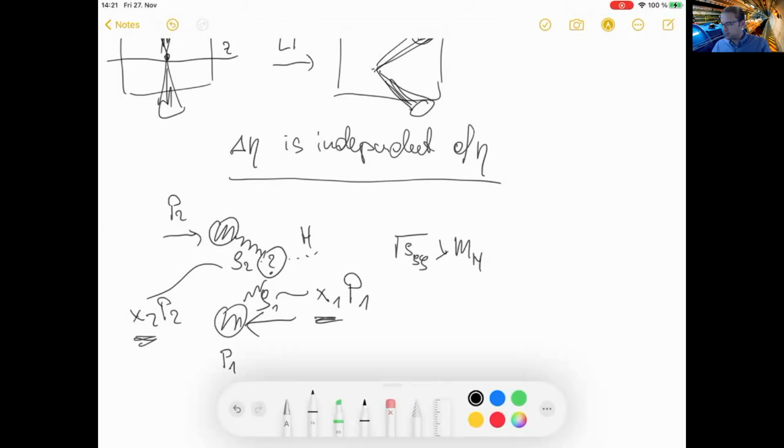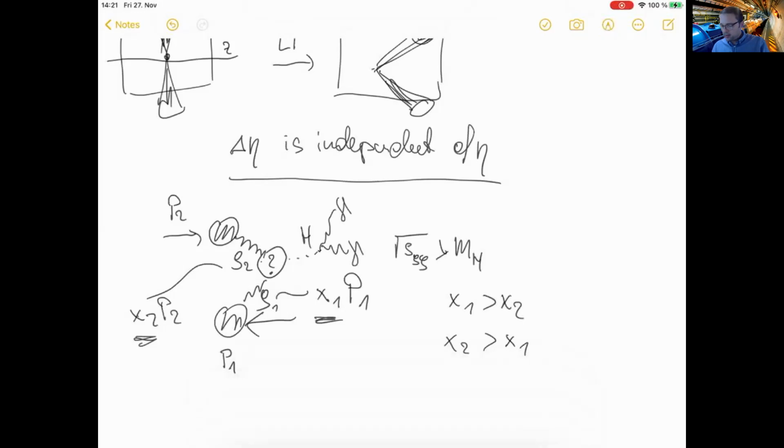Okay, that I know because I've produced the Higgs boson. But I do not know, for example, whether x1 was greater than x2 or whether x2 was greater than x1. In my decay products of the Higgs boson, for example, the two photons, they could be, in one case, emitted.